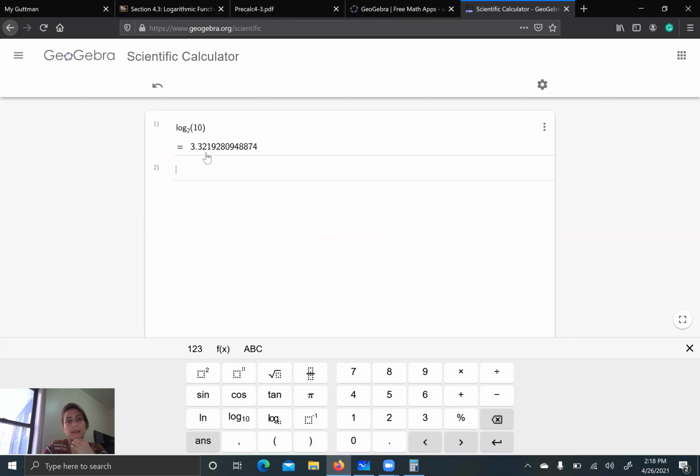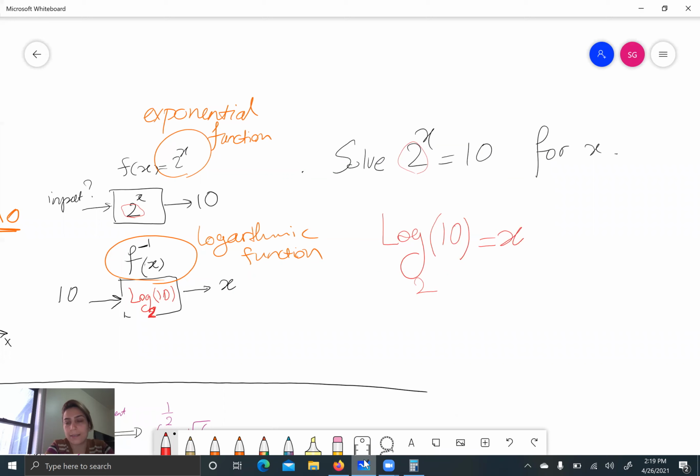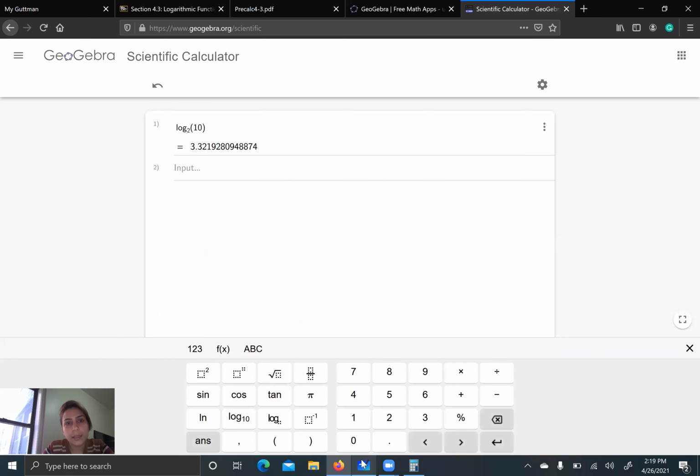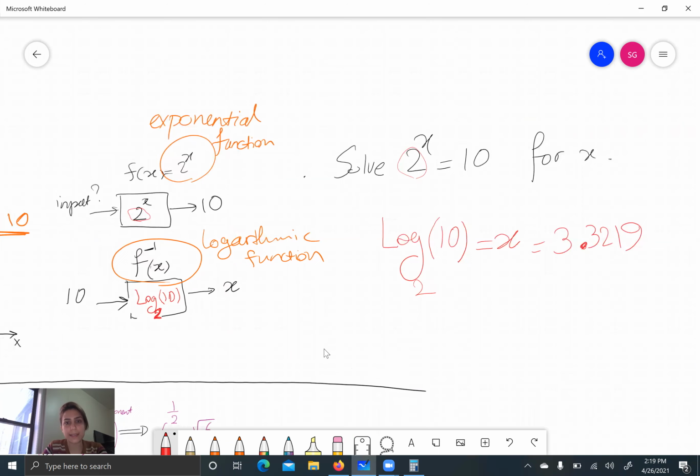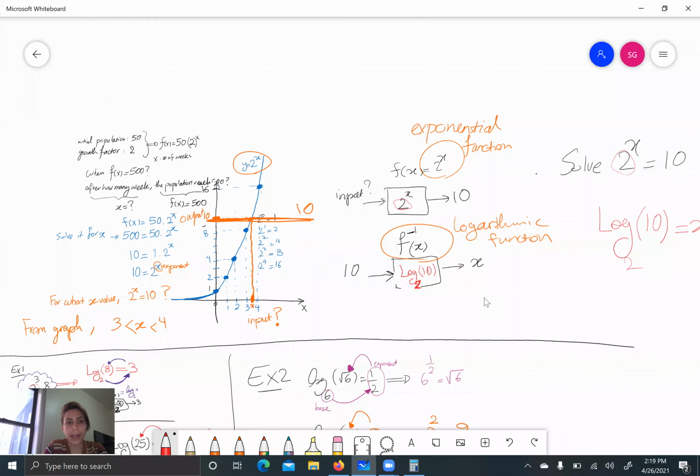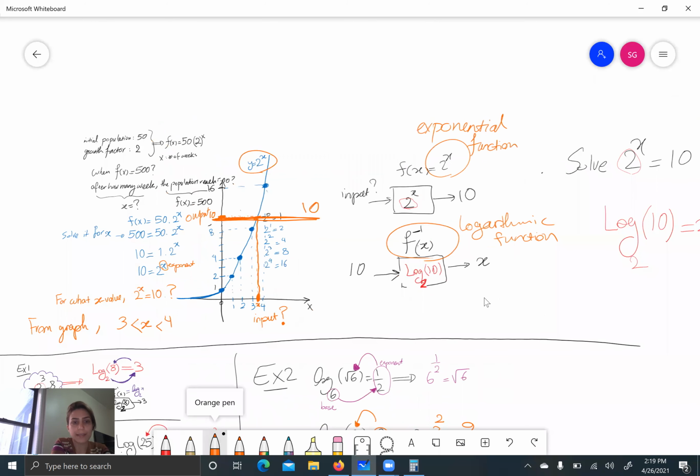And if you want, you can round it. For example, we can round it to 4 decimals, 3.3219. So x is 3.3219. It makes sense because we saw from the graph that x is a value between 3 and 4.